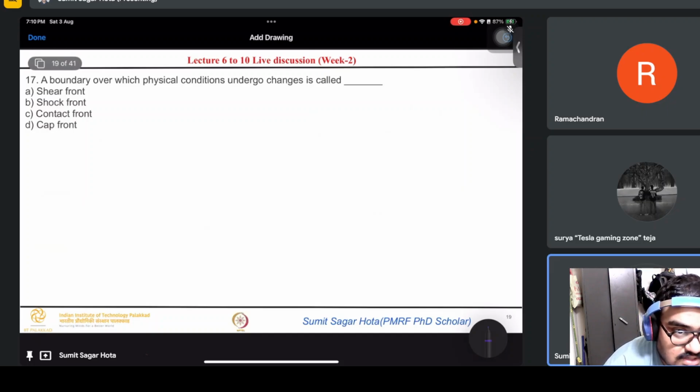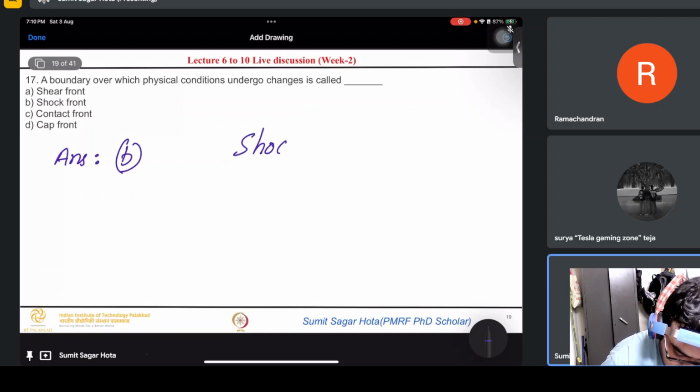So, the 17th one. A boundary over which the physical conditions undergo changes is called what? Basically it's a very simple one: a shock front. Basically, a shock front happens due to what?